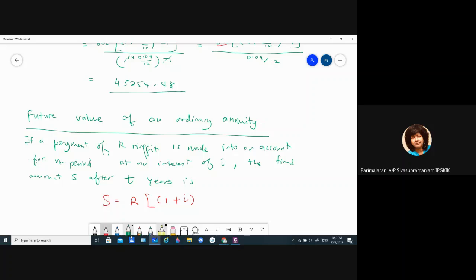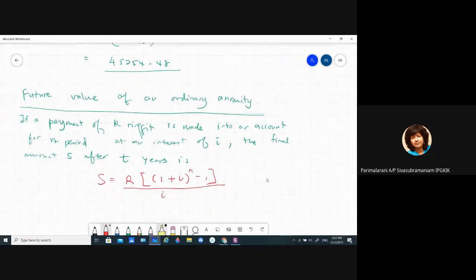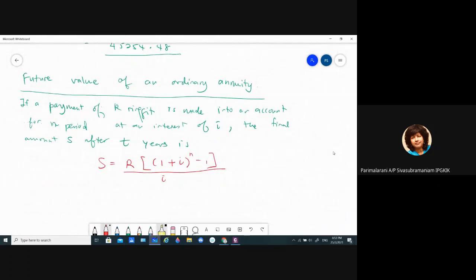Over I. So that is our formula. Do you recognize this formula? Is this the same formula that you used for the sinking fund?